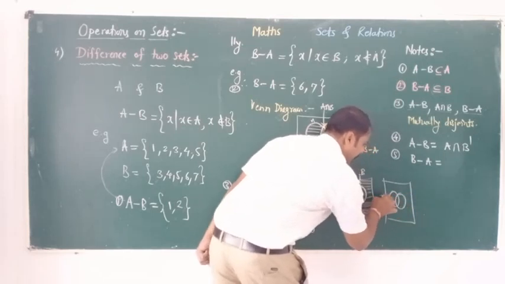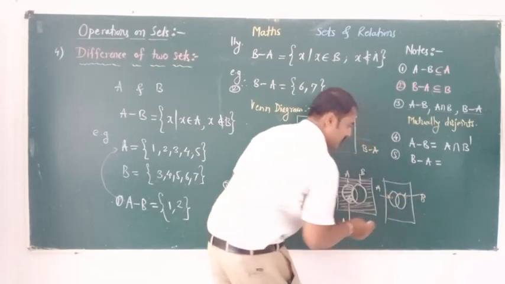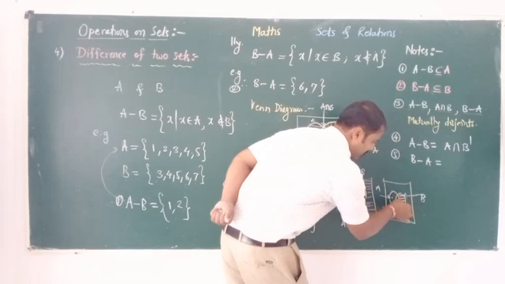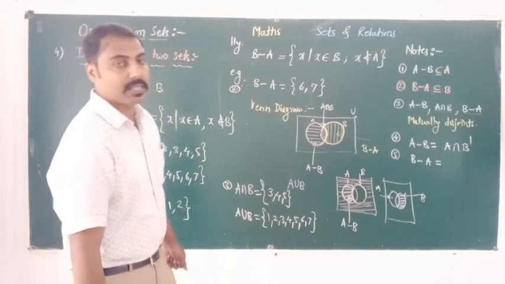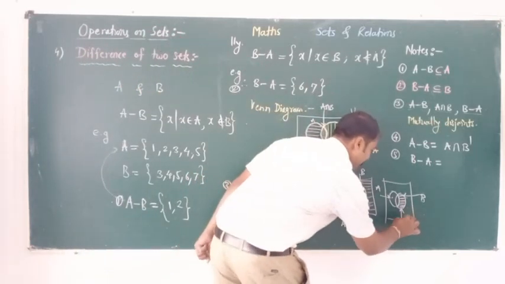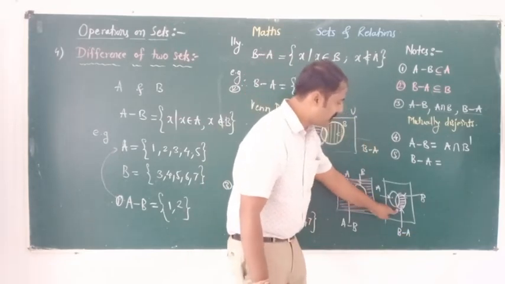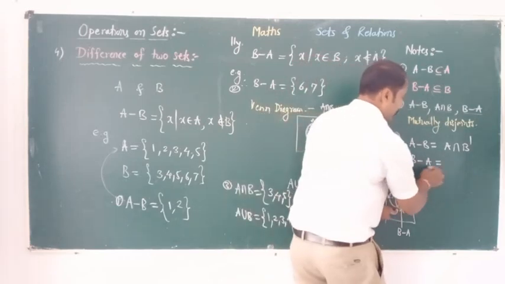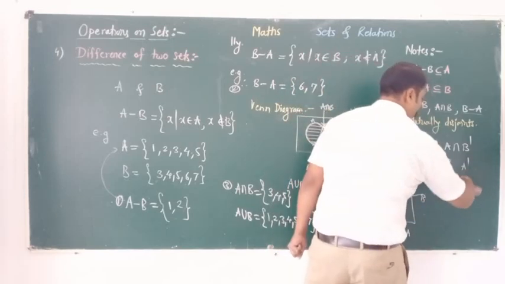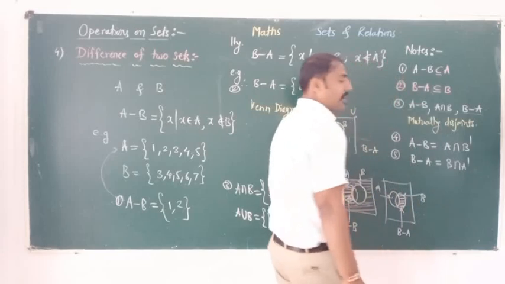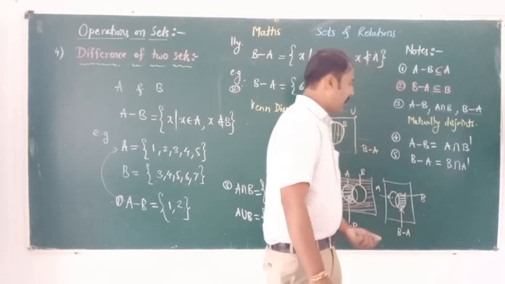Here is set A, here is set B, and these elements, the horizontal lines in B, are nothing but B minus A. Clearly, B minus A is elements in B which are not in A. So I am writing here A complement. B minus A is nothing but B intersection A complement.